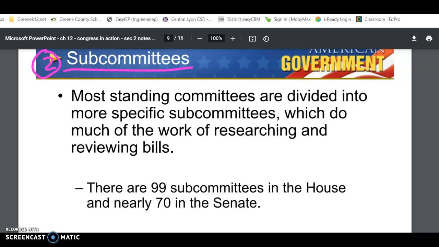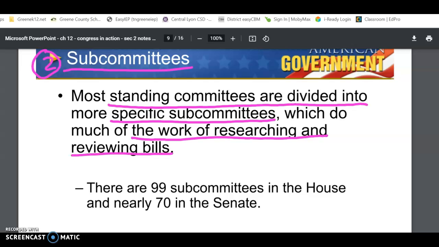So standing committees are divided into specific subcommittees. And in these subcommittees, they do the work of researching and reviewing the bills that are being given to them for consideration.